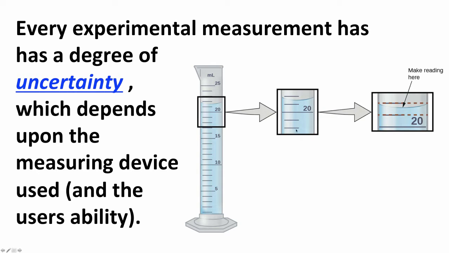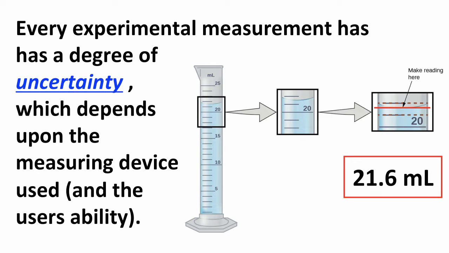In this case, we have a graduated cylinder, and if you kind of zoom in a bit, you would say, well, we're at 20, more than 1, less than 2 milliliters, maybe 6 or 7/10 of the way from 21 to 22, and so we estimate the value to be, let's say, 21.6 milliliters. Okay, that last digit, the 0.6, is a little bit uncertain, but that's how we do our measurement.